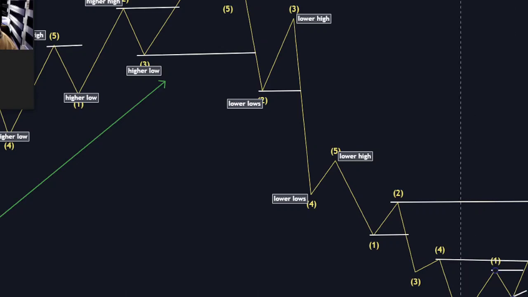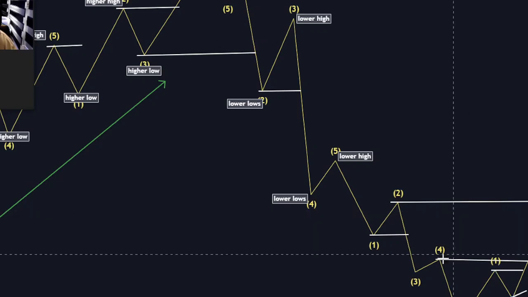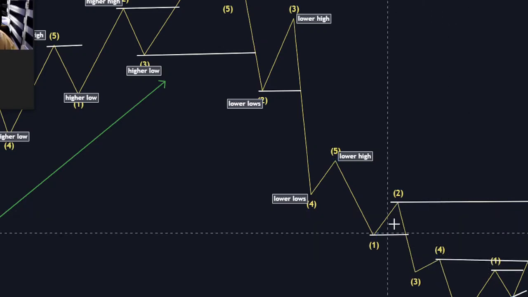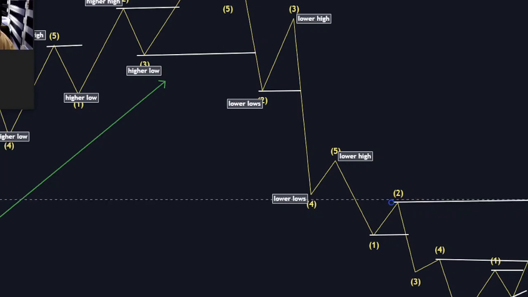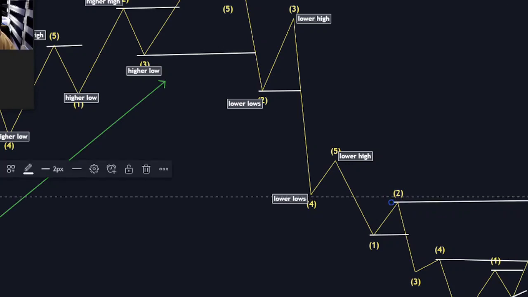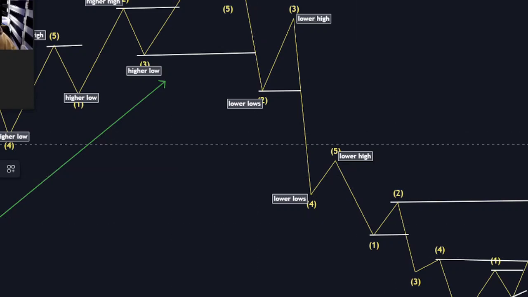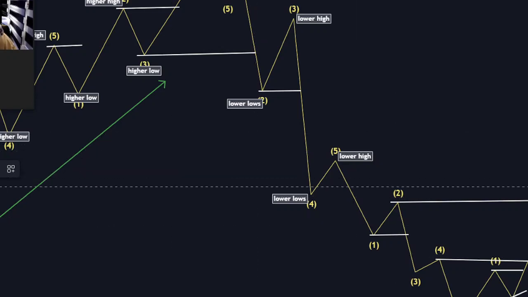You understand? So it stopped here, then started going up, breaking the structures by the side. It came down again and then went up, breaking this structure. So this structure was actually broken here, so they've automatically changed from a downtrend to an uptrend.